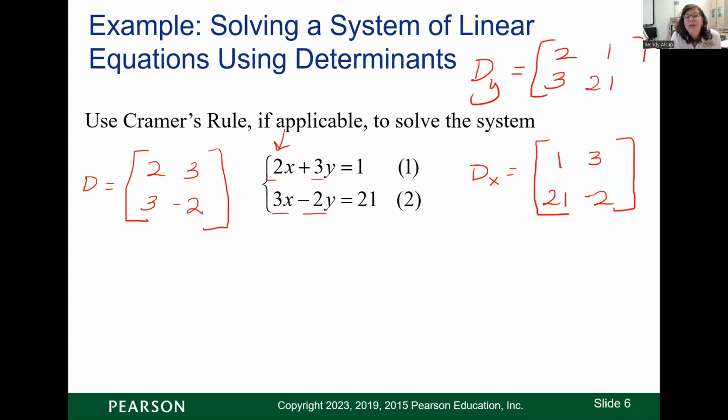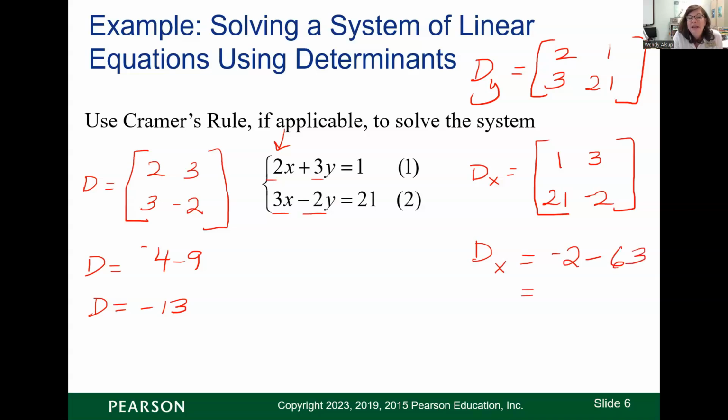Now I have three determinants, and I'm going to find the determinant of each of these. D is going to be 2 times -2, which is -4, minus 3 times 3, which is 9. So -4 minus 9, I get a D of -13. D sub x is going to be 1 times -2, which is -2, minus 21 times 3, which is 63, so I get -65.